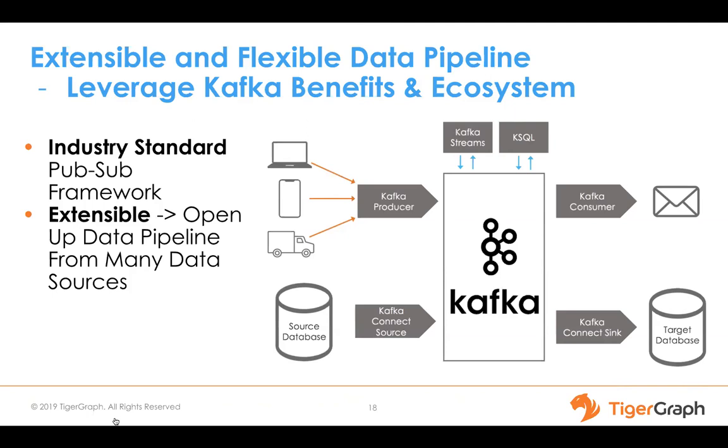And then there's the Kafka stream, which acts as a stream processor, and it can consume an input stream from one or more topics, and also produce output stream to those output topics.